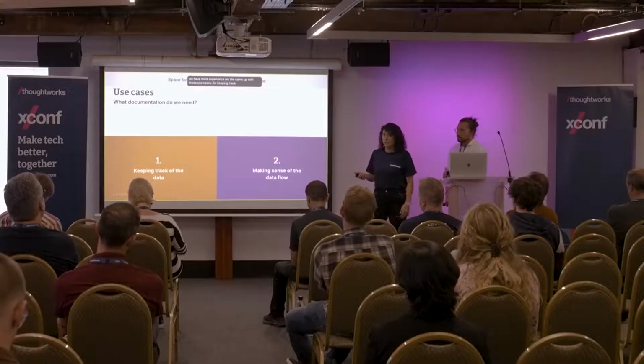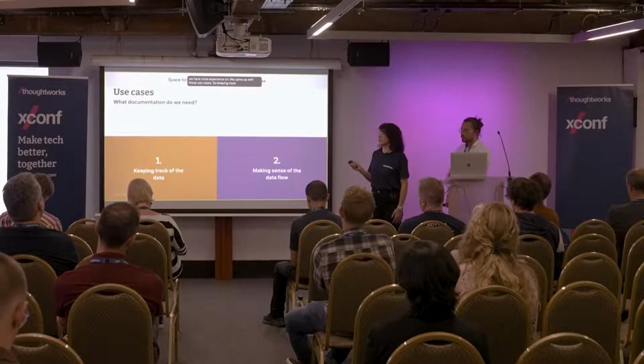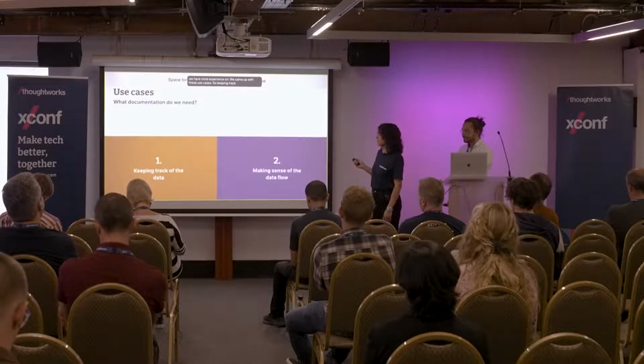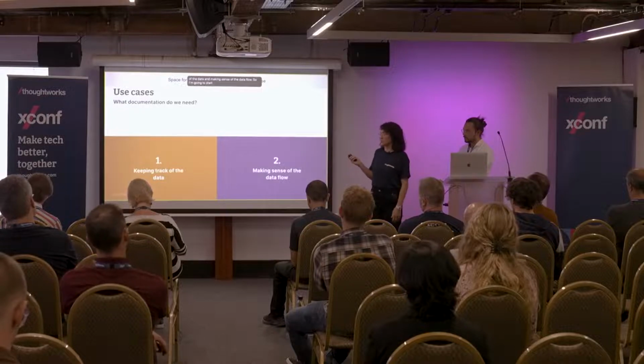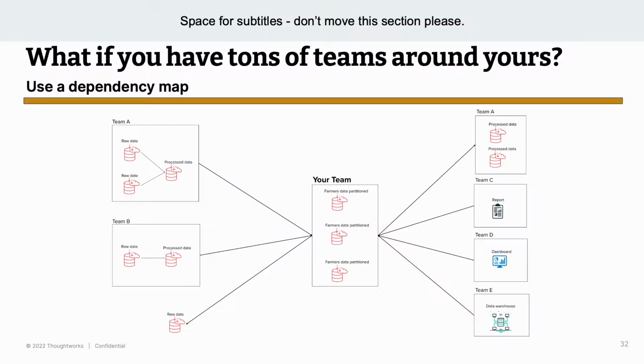So I'm going to start talking about making sense of data, and I want to go back to the example that I shared with you before about the farmers client. So let's imagine that with these 100 metrics, they decided to hire more teams to work together.